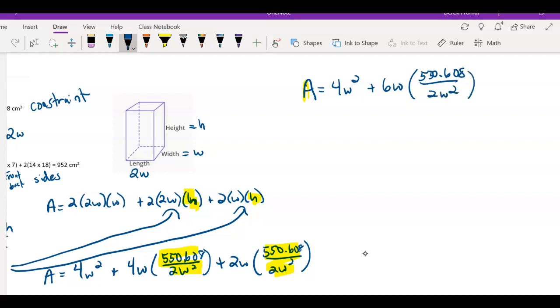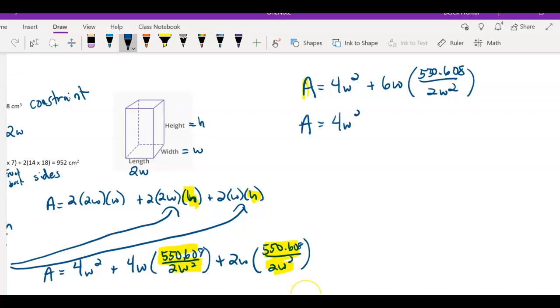I have 4w plus 2w, which is 6w times the like term. Now I'll simplify.